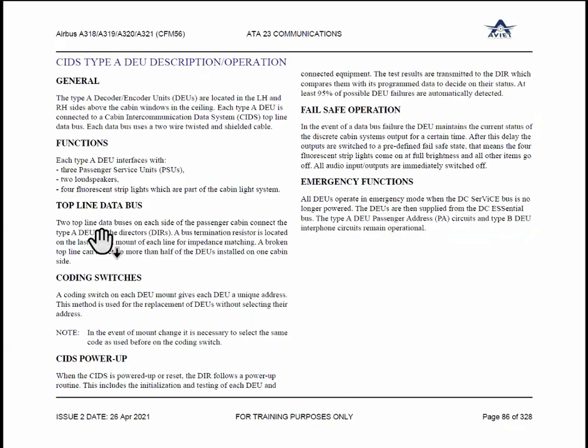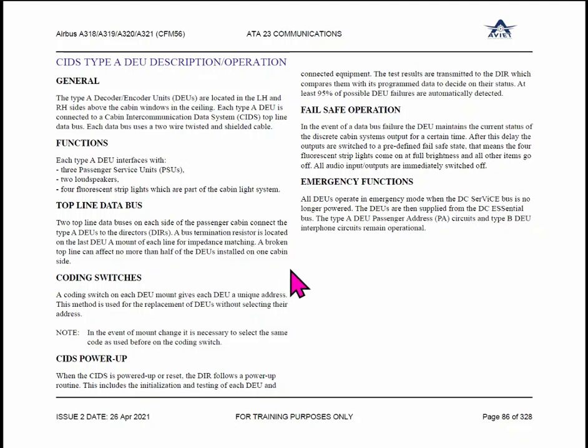So all these we discussed. Coding switch, I'll come to you a little bit late. Top line bus: each side of the passenger cabin is connected with a type A DU to the director via termination resistors that are used for impedance matching. A broken top line can affect no more than half of the DUA installed on one cabin side.